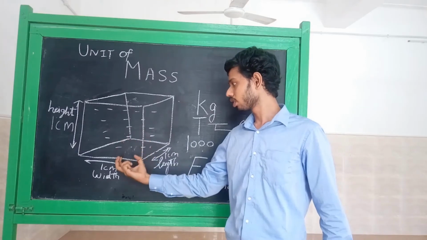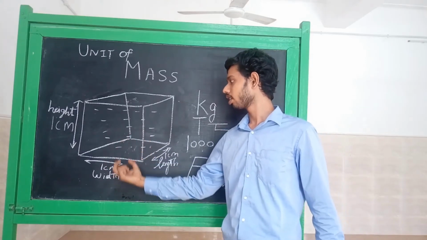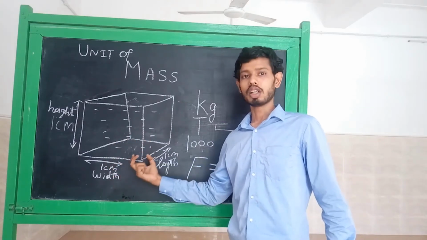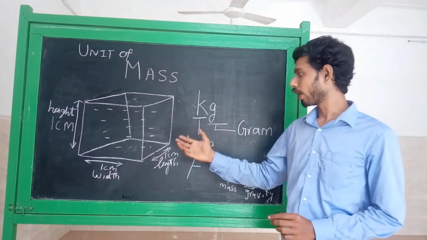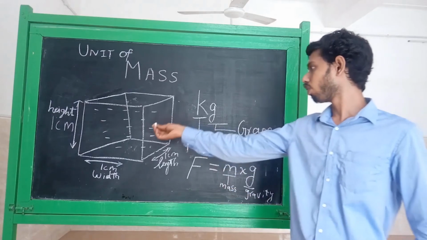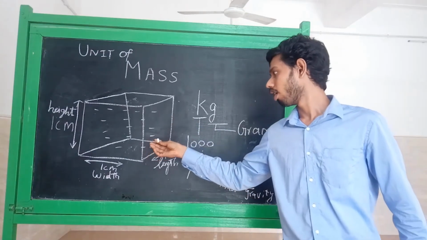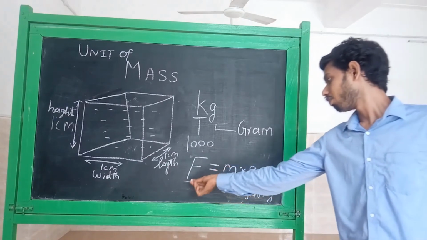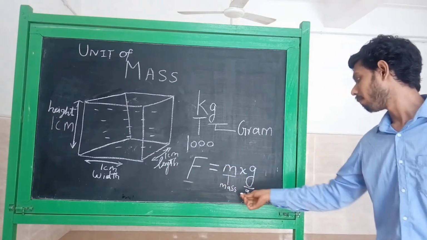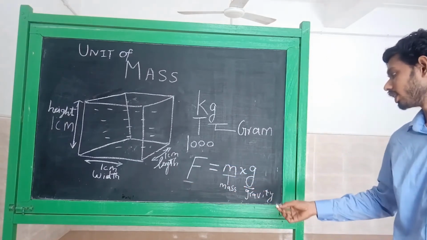Gravity is the force that pulls an object towards the ground. So, we have a formula for calculating the weight, that is, the force acting on this cup of water. Force is equal to mass into gravity.